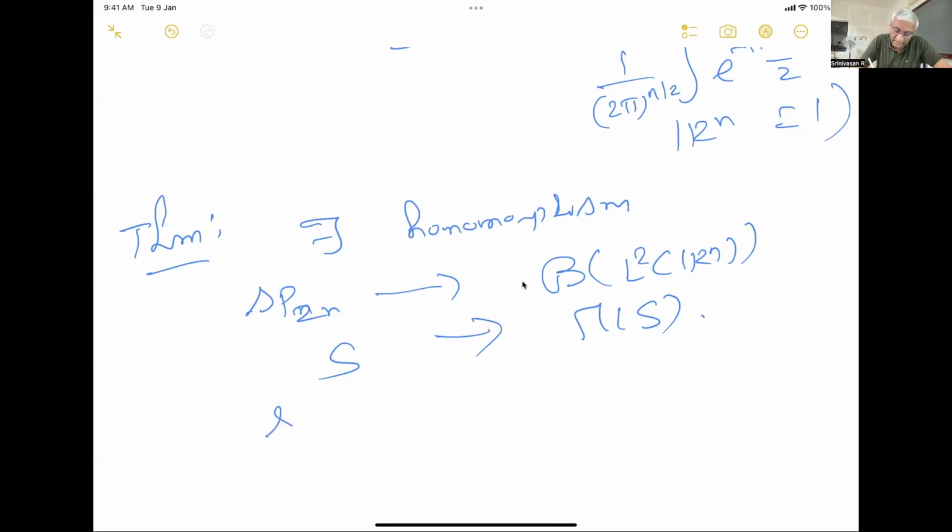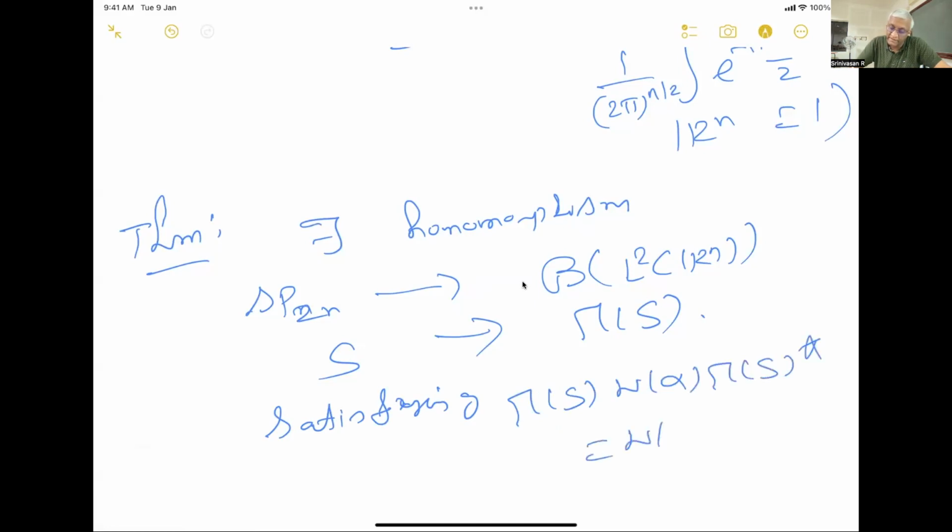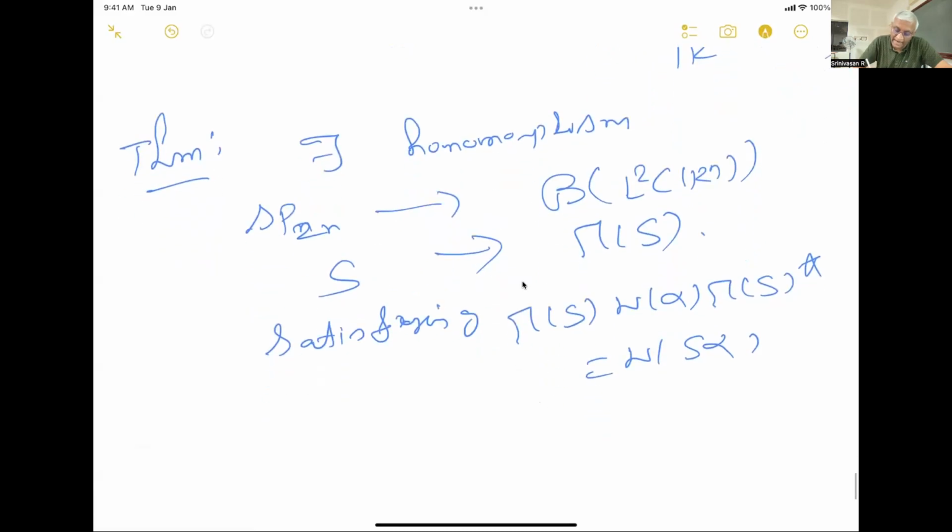Satisfying, sorry, I forgot, the two conditions. One is gamma of S, W of alpha, gamma of S star equal to W of S alpha. This is one condition. And E of 0, gamma of S, E of 0 is strictly greater than 0.